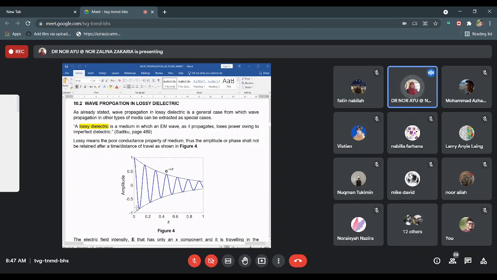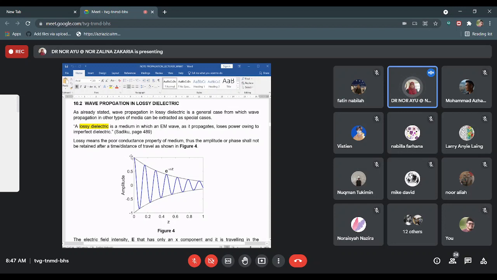So whatever signal, let's say we transmit this amount of signal with this amount of amplitude, as it travels through the lossy medium, the signal amplitude will be decreased.